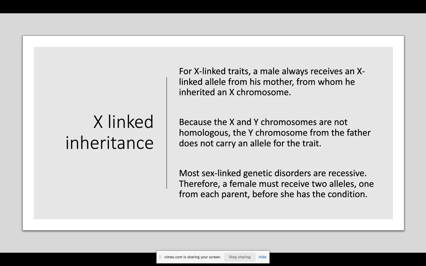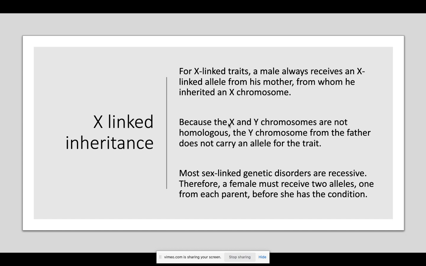So for X-linked traits, a male always receives an X-link from his mother, and that makes sense. If you did a dihybrid cross and you saw along the vertical axis an X chromosome here and an X chromosome there, and you had an X chromosome at the top with a Y, you're going to get your X chromosome from your mother.